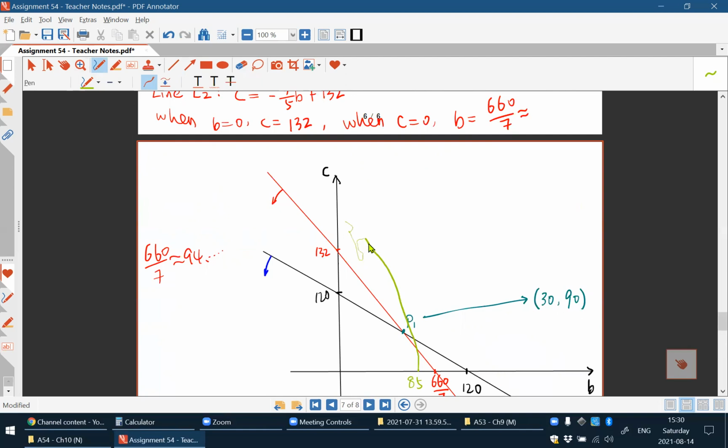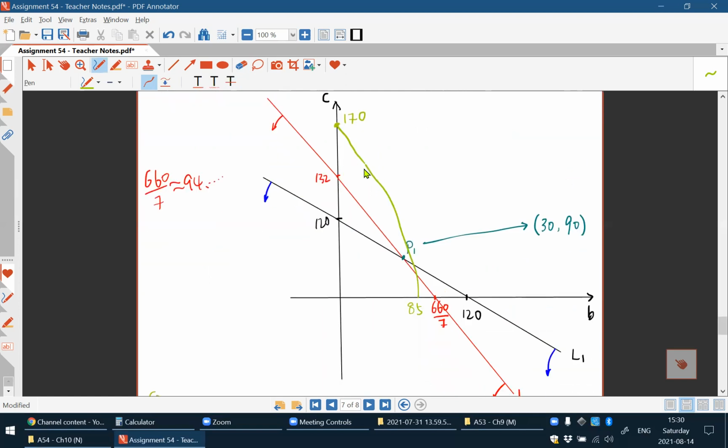And all the way to its Y-intercept, which is 170, right? Okay, so sorry about that. It looks not very straight because this is only a sketch, not necessarily to scale, okay? As long as each element maintains its relative position is okay.